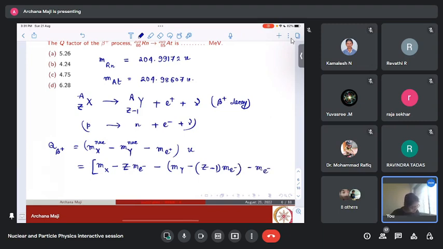Remember that the mass of positron is the same as the mass of electron.